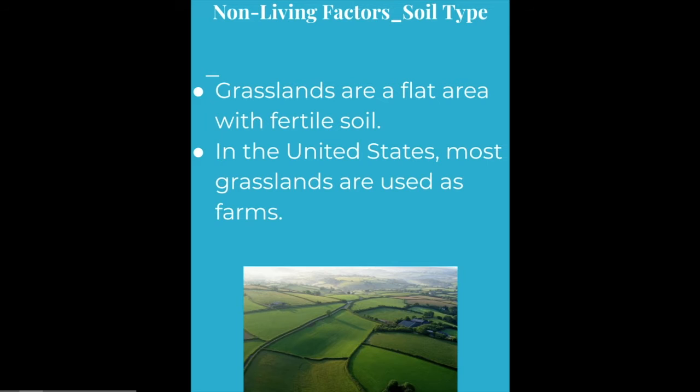As a matter of fact, in the United States, most of the areas that are grasslands are used as farms. They can be used as wheat farms or potato farms. That is because grasslands receive just the right amount of rain and the soil is very fertile.